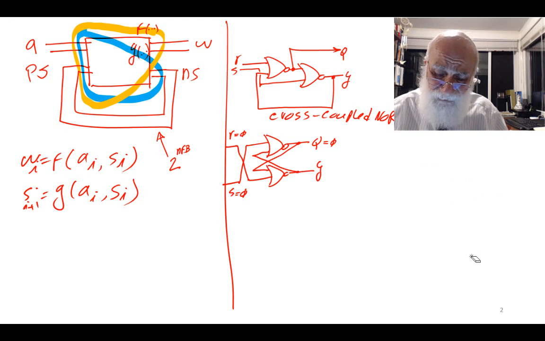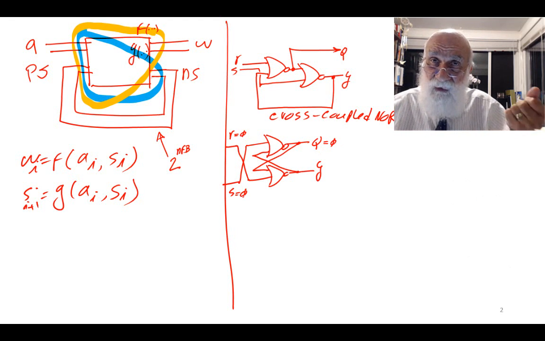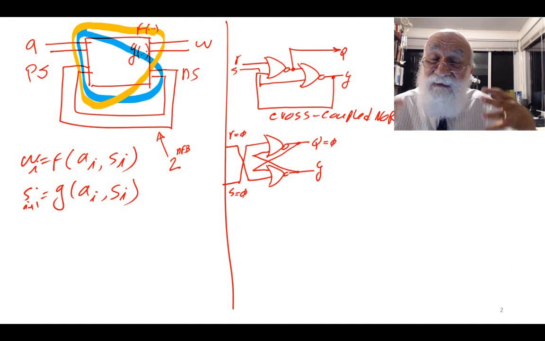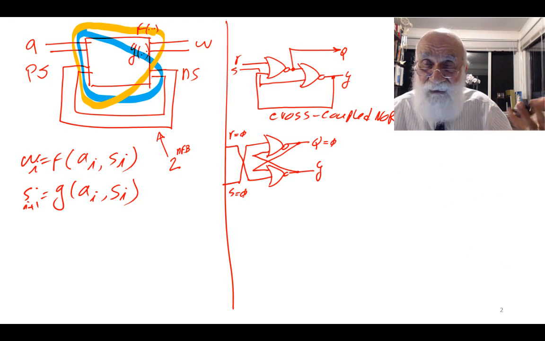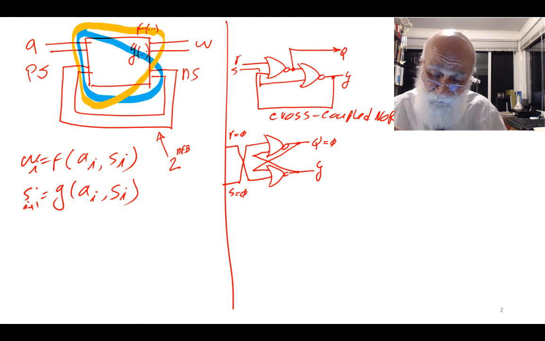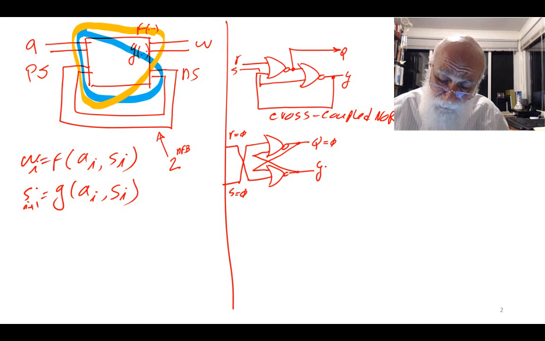Well, let's say I put a 0 on the Q, a 0 here, a 0 here. I propagate the values. If the propagation of the values comes up with a value that does not change, then I say, okay, at least this combination of inputs puts the circuit in its stable state.